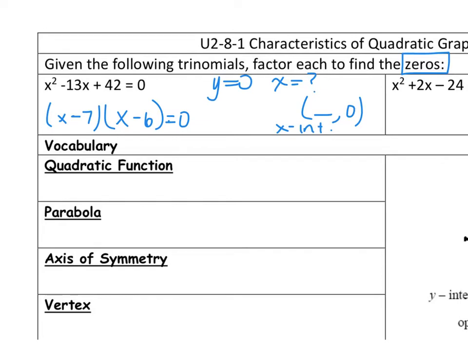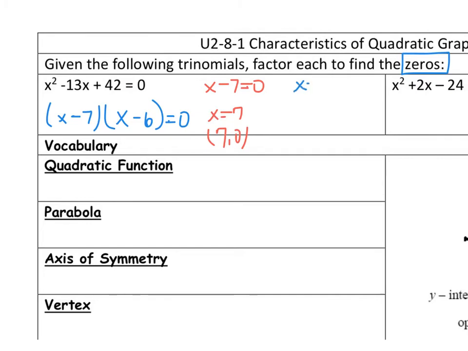So if we were to graph this on the calculator, we need to find where this parabola would hit the x-axis. That means if y is 0, either x minus 7 has to equal 0 or x minus 6 has to equal 0. If x minus 7 equals 0, that means x is equal to positive 7, so that's one x-intercept, 7, 0.